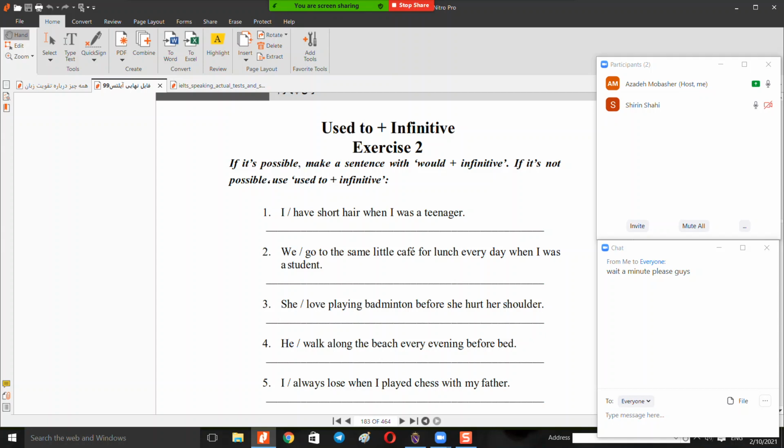In grammar books, and also at school, they taught you that you should use used to for talking about past habits. That is correct, but just partially correct. It's not the only time when you use used to. That's why you think you should just say "عادت داشتم". Not necessarily.